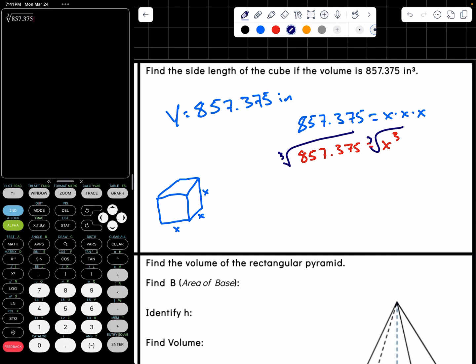So the cube root of 857.375 is 9.5. Okay, not that crazy. We just have to know how to use our calculator there, and we have to understand that the definition of a cube means it's basically a three-dimensional version of a square.